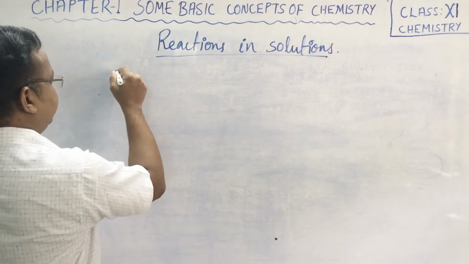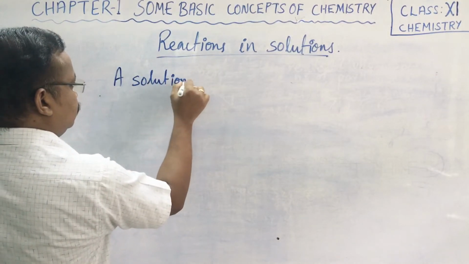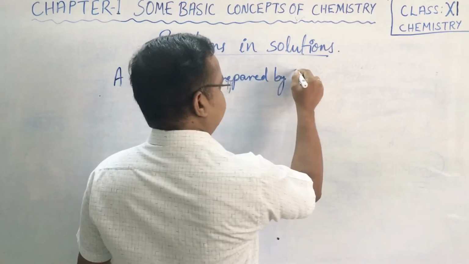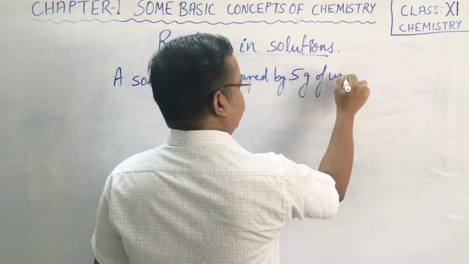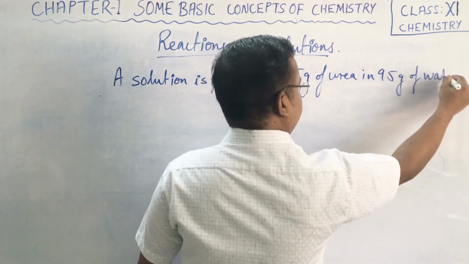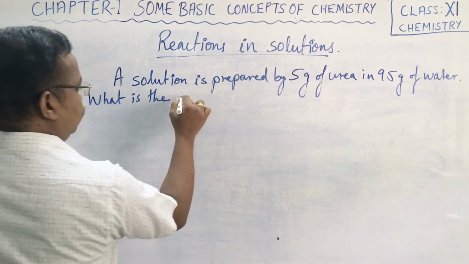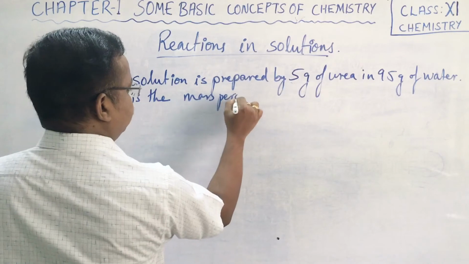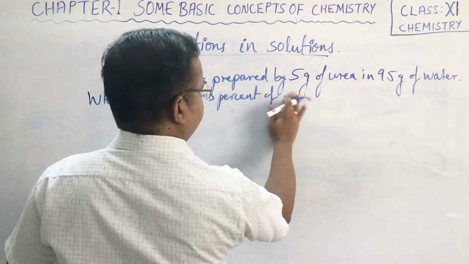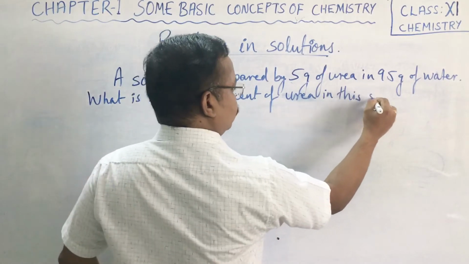A solution is prepared by dissolving 5 gram of urea in 95 gram of water. What is the mass percent of urea in this solution?